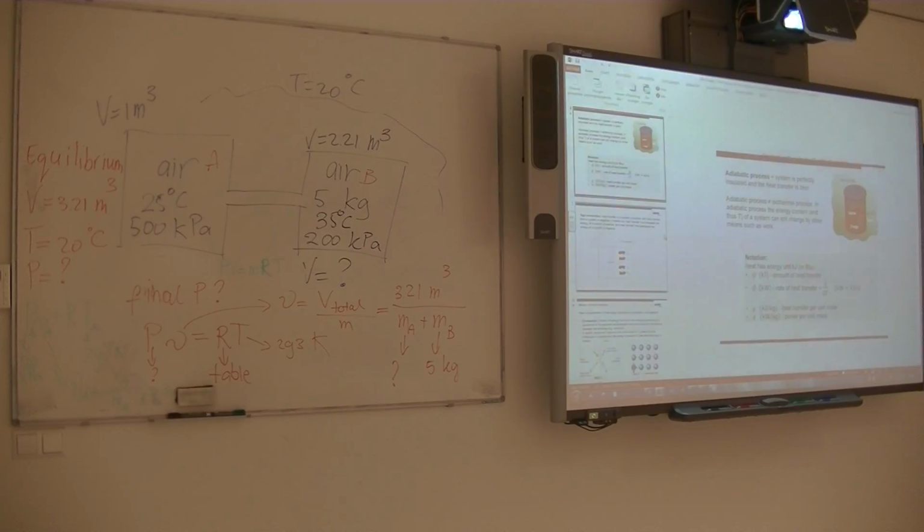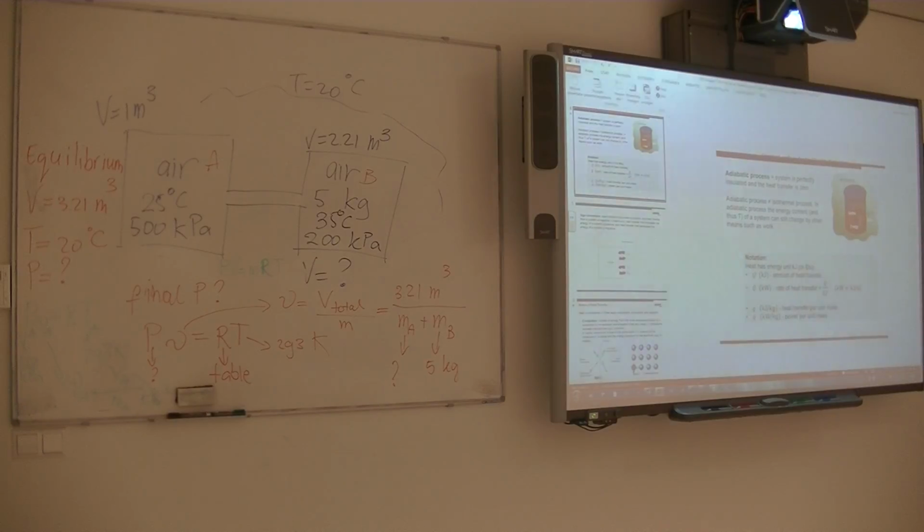But adiabatic processes are processes where the amount of energy that's transferred between the system and its environment is zero. Now, we have a bit of a change here from the chemistry course. Here, if you add heat to the system, then Q is positive for the system, so that's normal.